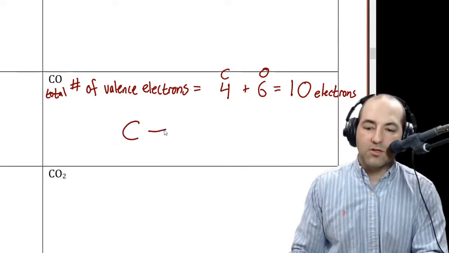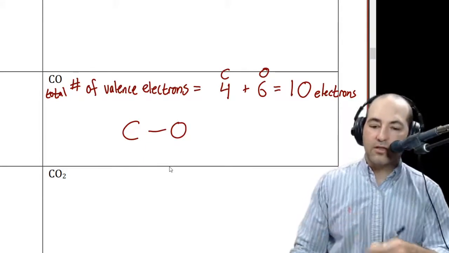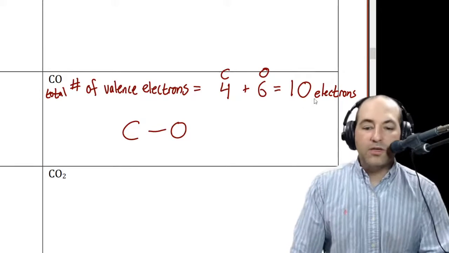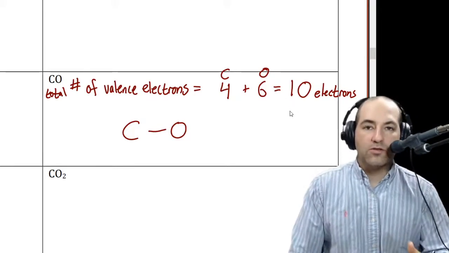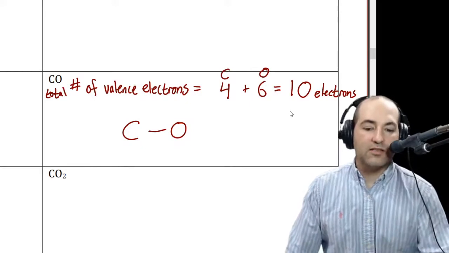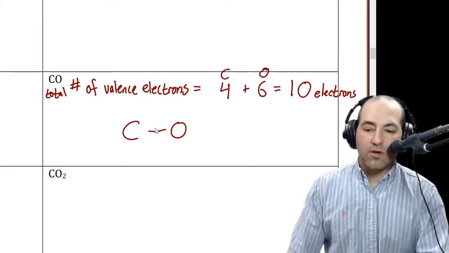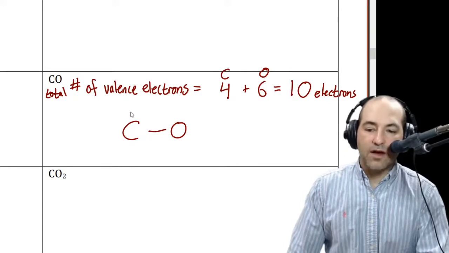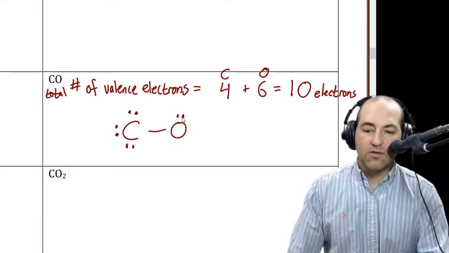In this case, there's only one way to do that, CO, but we'll see some examples where there are different possibilities. And then we distribute those electrons to try to fill all of those valences, to try to make 8 electrons on every atom that wants them. So we would say, okay, carbon has 2 electrons from this bond, so we'll go 4, 6, 8, and then we've got 2 left to get to 10, so we'll put those 2 over here.